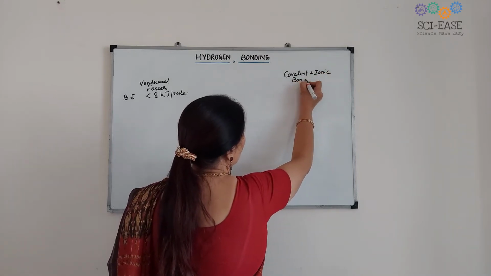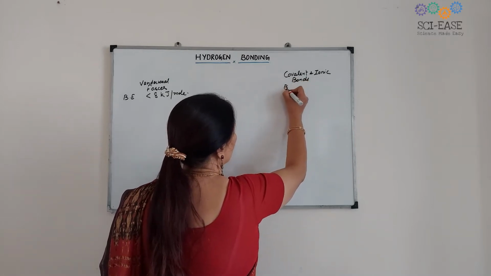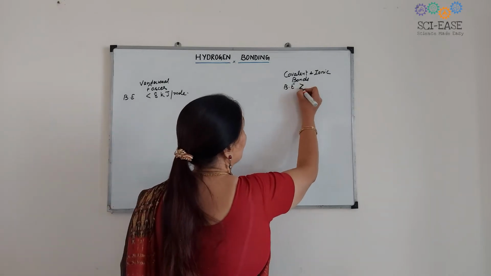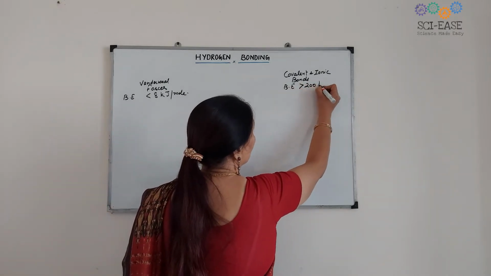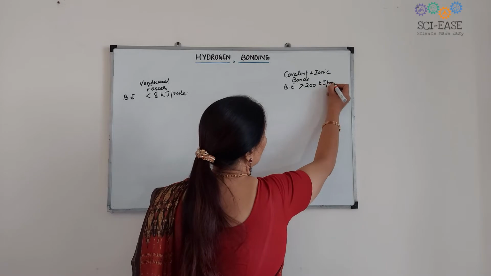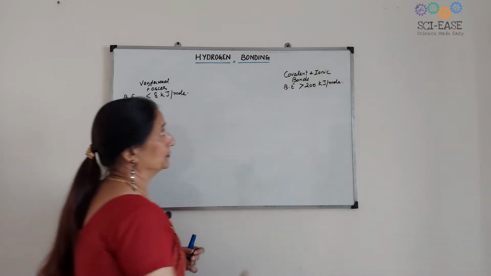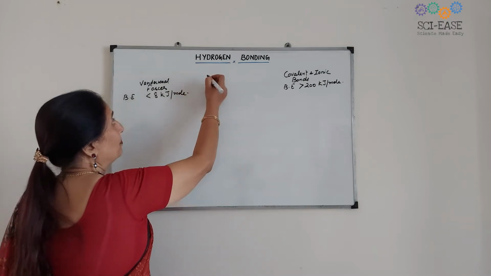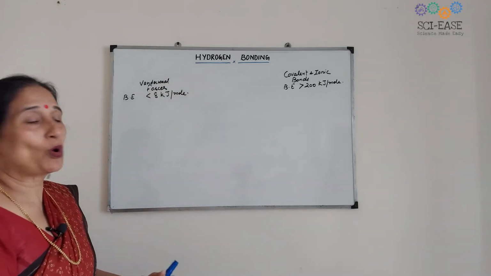which have bond energy greater than or equal to 200 kilojoules per mole. And now I am telling you about the hydrogen bond.